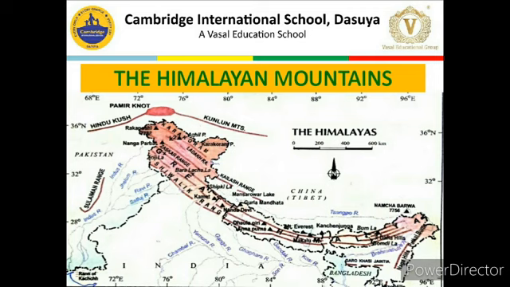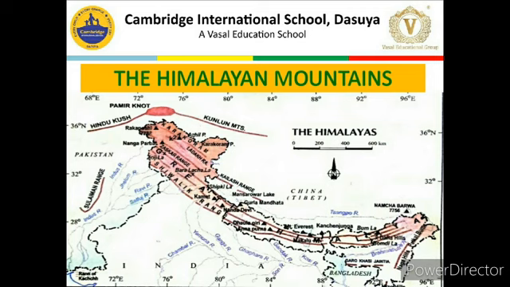The northernmost or the innermost range of the Himalayas is Himadri. The average height is more than 6000 meter above the sea level, and the average width is about 25 km.